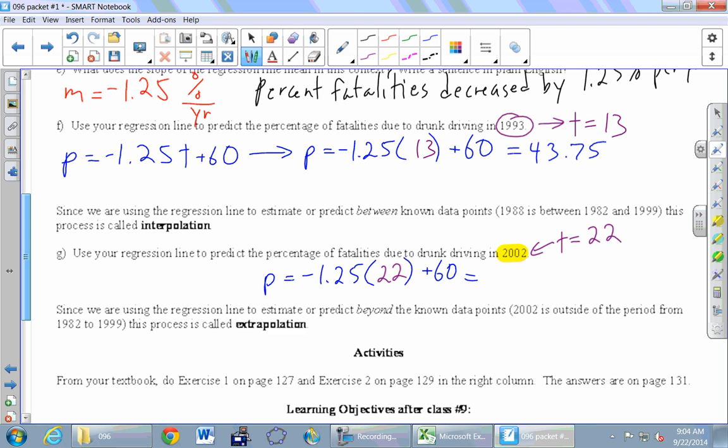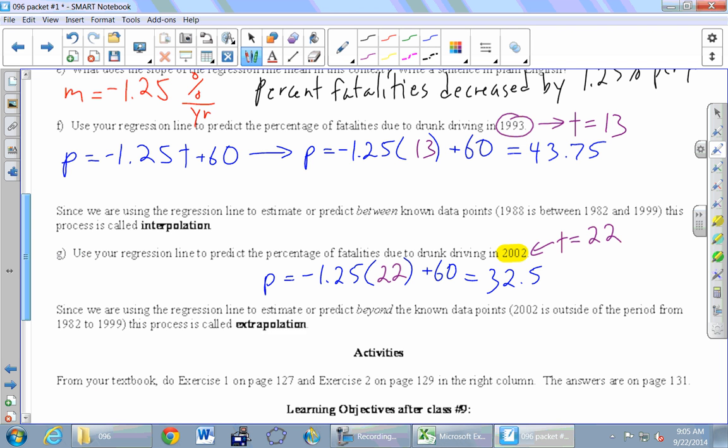And 32.5. Is that right or is that wrong?